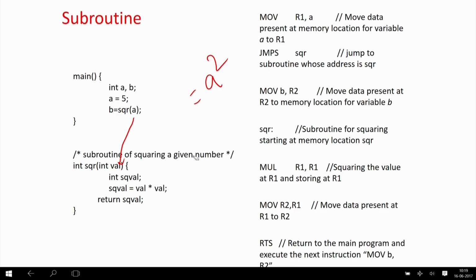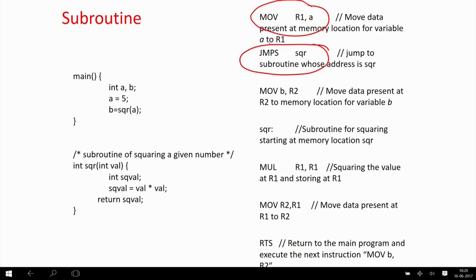Now, let us see what the subroutine would look like. First we load the value of the memory location a into register 1, so now register 1 has the value of a. Then you make an unconditional jump to a procedure whose name is square. As we were discussing yesterday, as part and parcel of every jump instruction there is something called a label. A label is a name given to an instruction; when the code is loaded into memory, it is replaced with the exact memory location of the instruction which you are going to call.